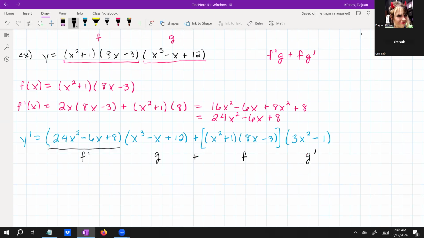This method will get a lot easier the more you practice, as most things do. But just don't be afraid of these, break it into little chunks, attack it. And if way one doesn't work, try something else. It's helpful to know multiple ways how to do these problems because some problems are great way one, some are great way two, some are just terrible all around, and that's that.